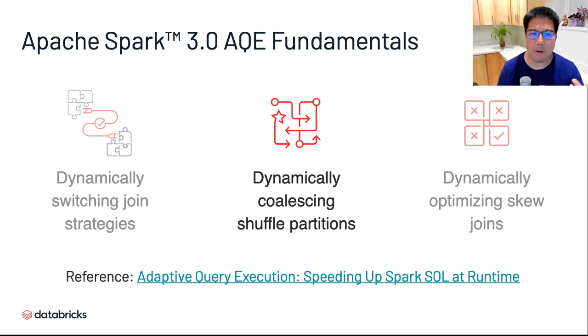So now that we're able to deal with dynamically changing join strategy at runtime, the next big issue is dealing with a large number of partitions, right? It's great that I can join, but what if I've got way too many partitions? Don't forget, the default for a join in Spark results in 200 partitions. While that may be appropriate for very large data sizes, for smaller or even intermediate tables, that number may be way too large.